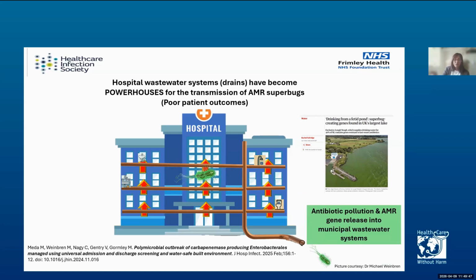And this is causing, obviously, antibiotic pollution at an industrial scale from hospitals into our wastewater system. And that is just one newspaper article published just last month in the UK about how they found very resistant genes in the largest pond in Northern Ireland.